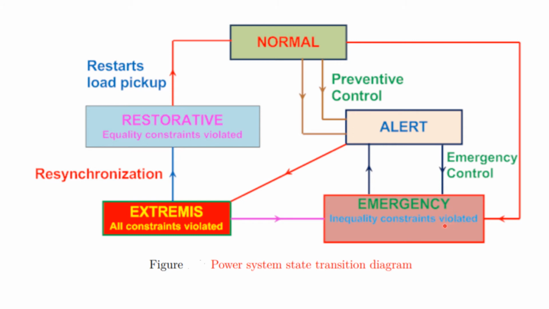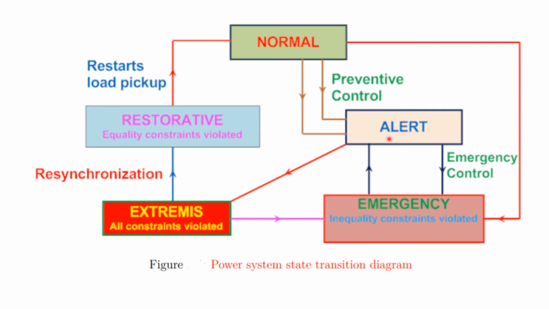To bring the system back from emergency to alert state, we are using preventive control action, to restore the generation or the disturbance of the system, and bring the system back to the normal state. We should take the preventive action as economically as possible, such that the quality of the power supply is maintained.